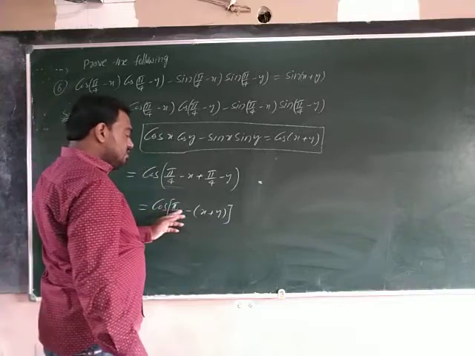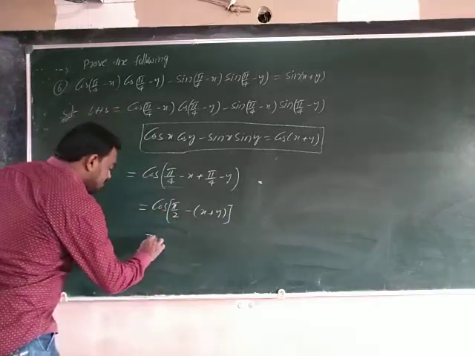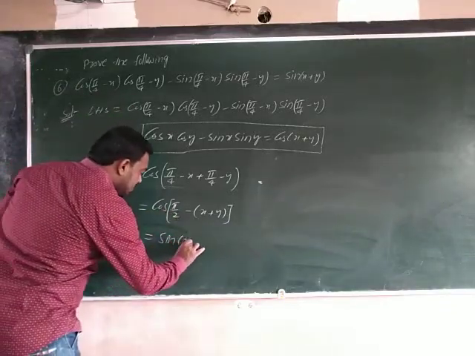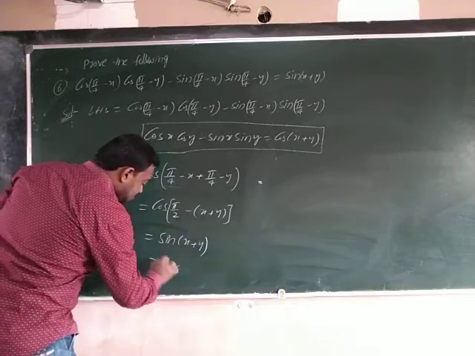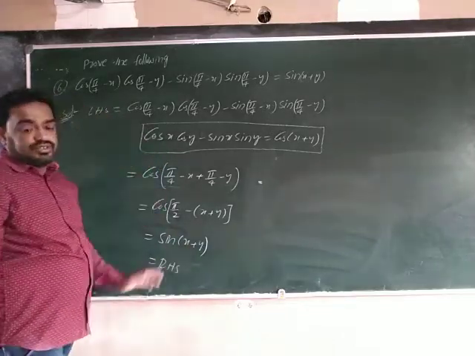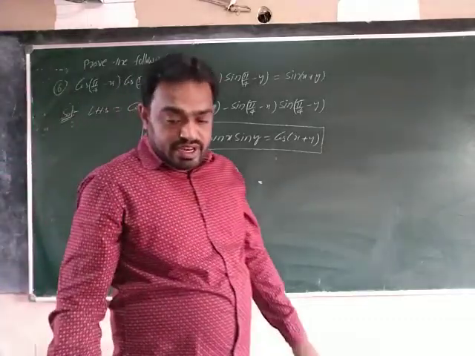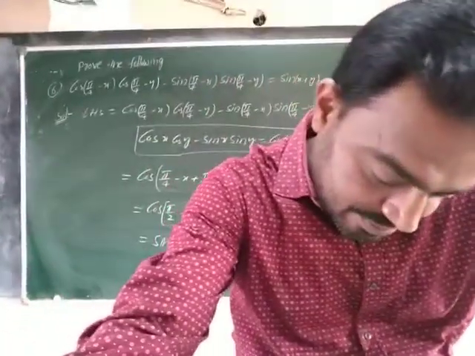So cos(90 minus theta) is equal to what? Sin. So sin of x plus y is our RHS. Simple problem. So this is the solution. Next, the seventh one.